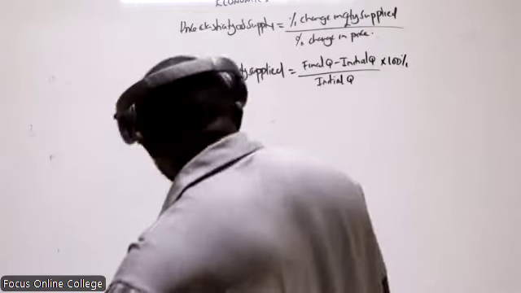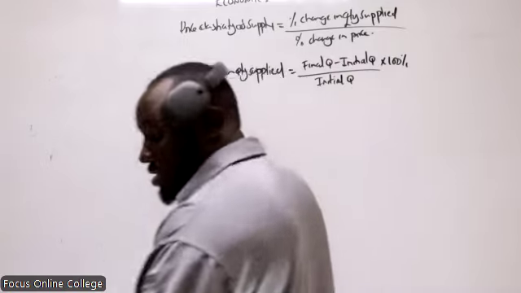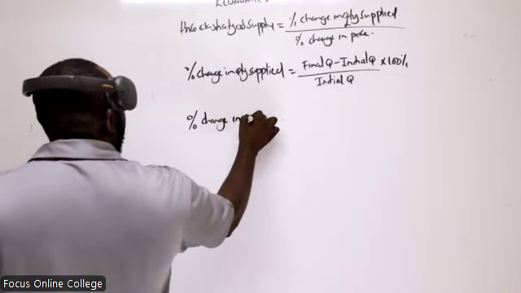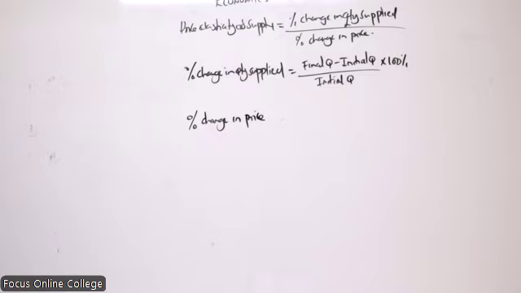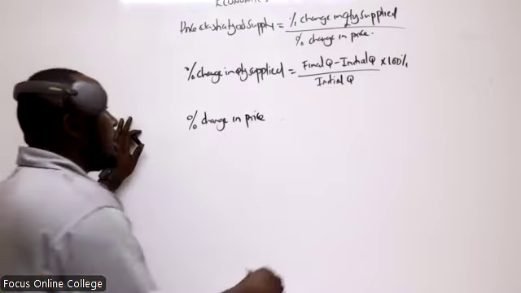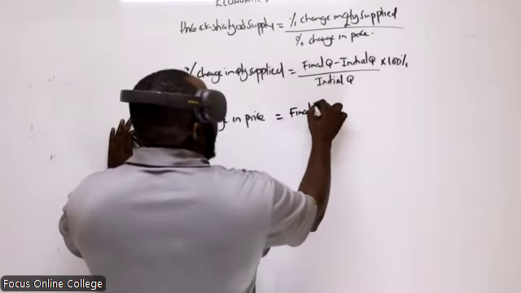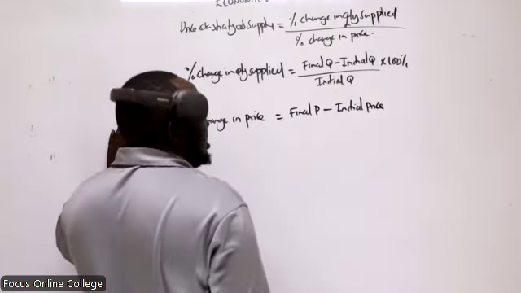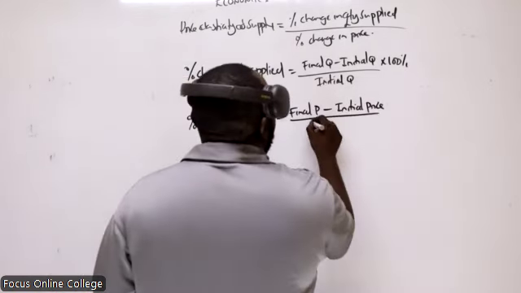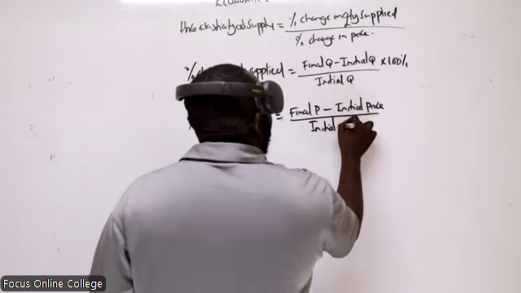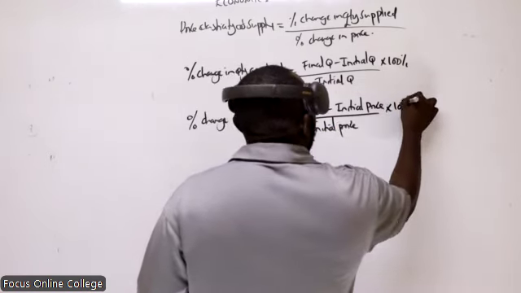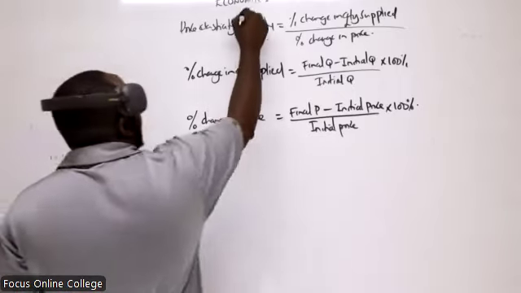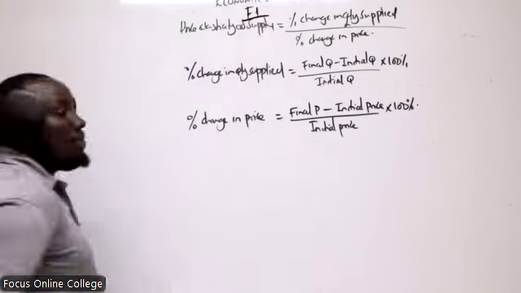Then the percentage change in price is the final price minus initial price, over the initial price, times 100%. This we call Formula 1.